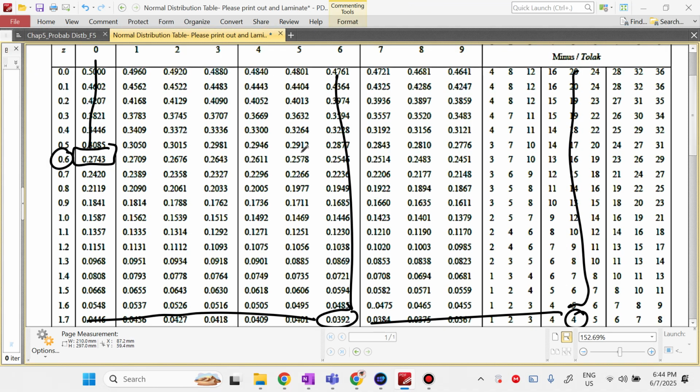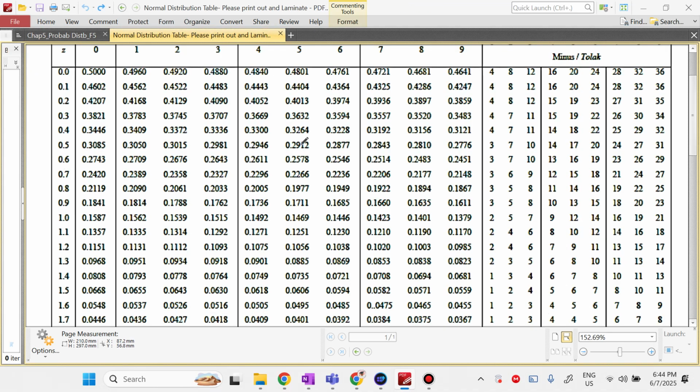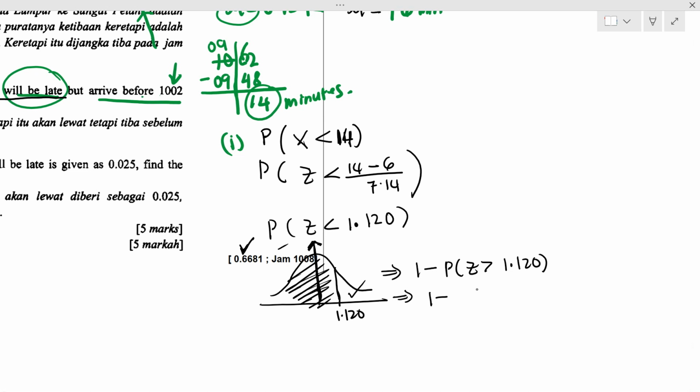We are finding probability 1.12. No need to minus anything. 0.1314. And the answer, I don't think it tallies. It is 0.8686.